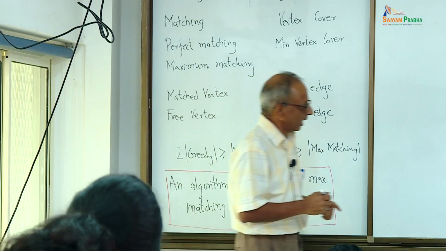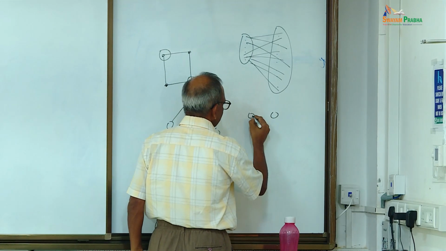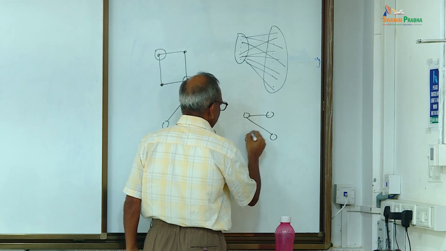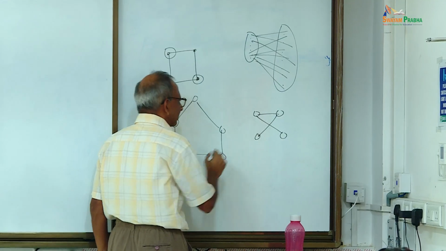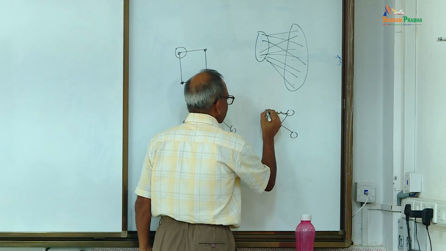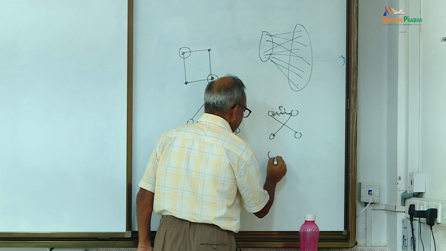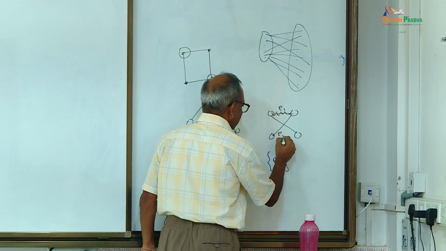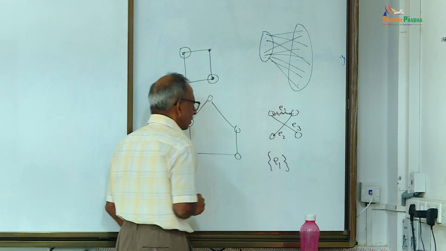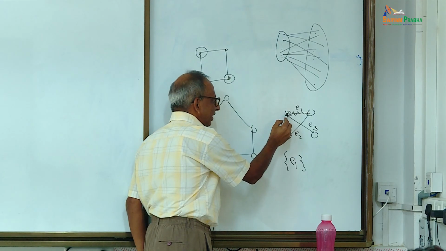So for example, we drew this graph. And suppose this is my matching. So this is a matched vertex.